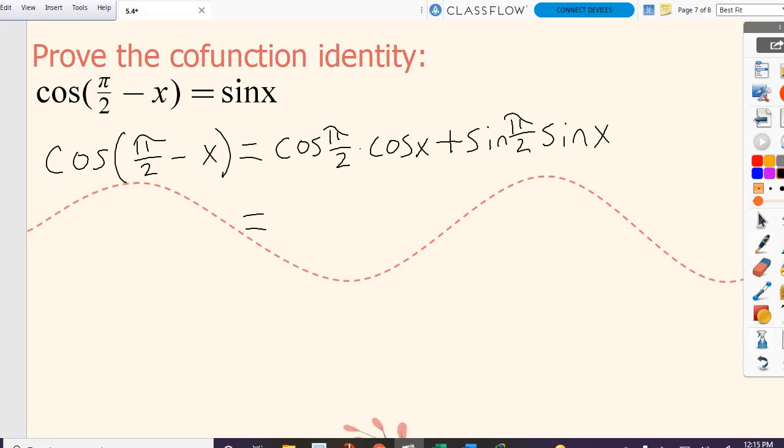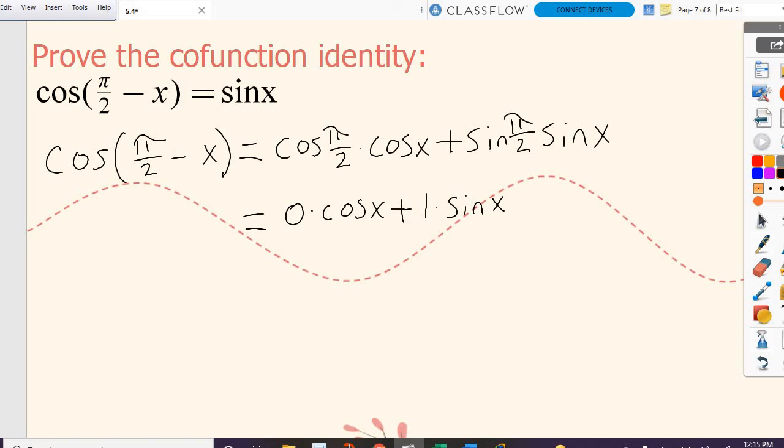But what is cosine of pi over 2? 0. Because remember, it would be halfway in between 0 and pi, and that's where it equals 0 for our cosine, times cosine of x. And then what is sine at pi over 2? 1.